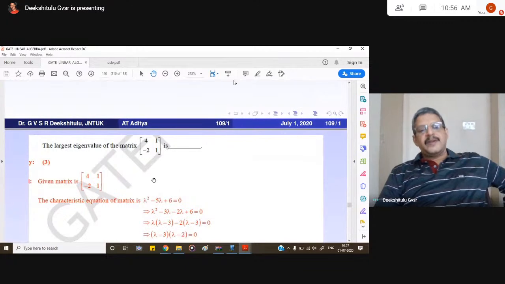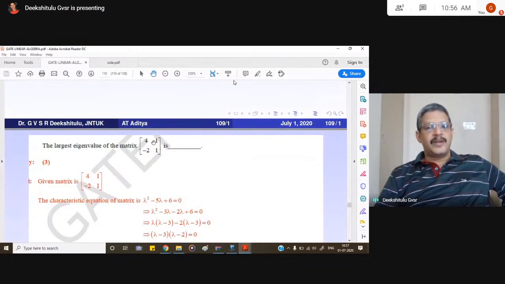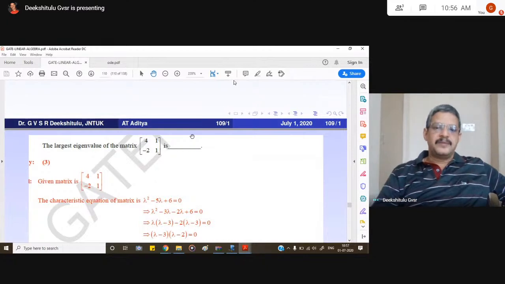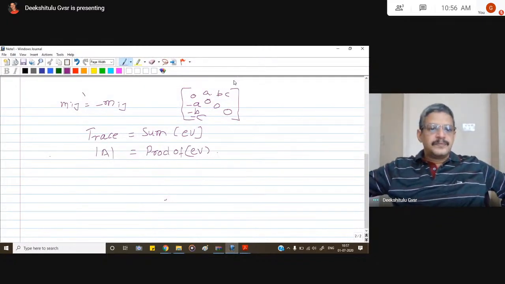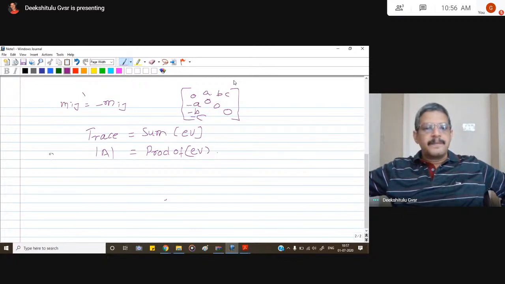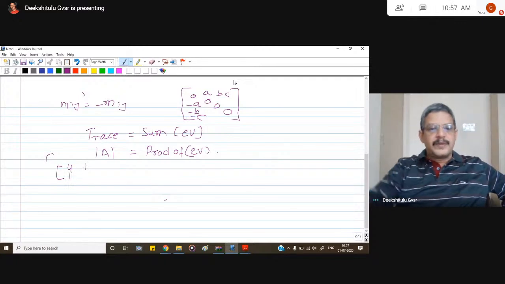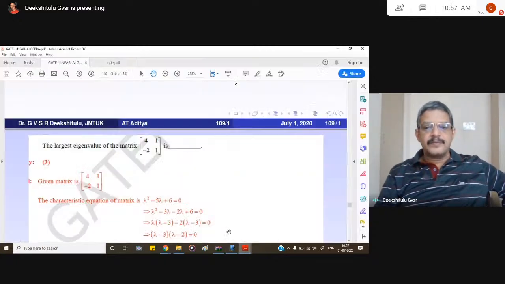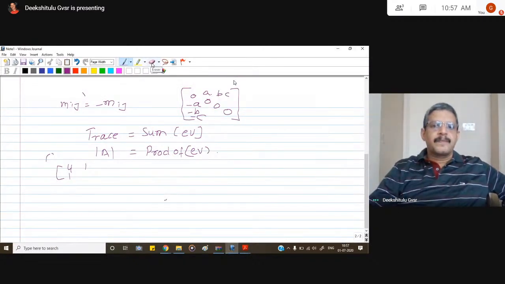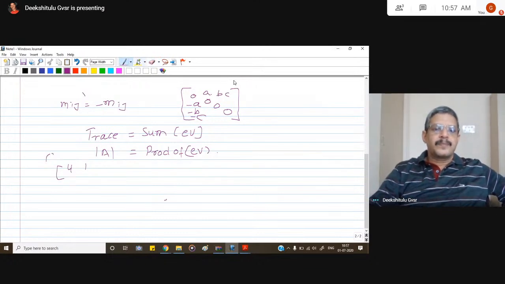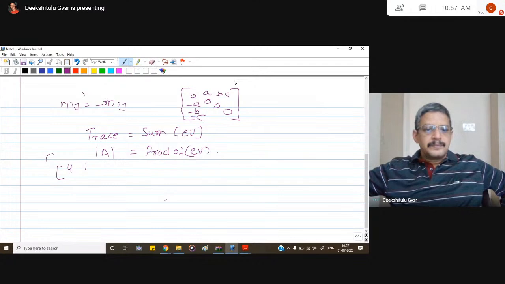Largest eigenvalue of the matrix, better you solve the problems. 4 minus lambda, 1 minus lambda, 4 1 minus 2 1. 4 1 1 is the last element, minus 2 1.